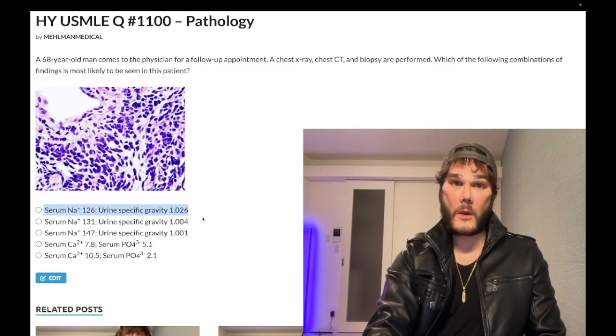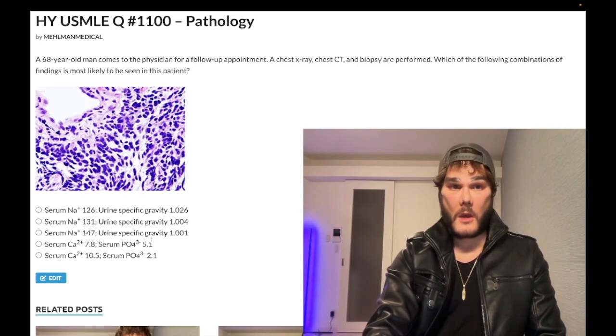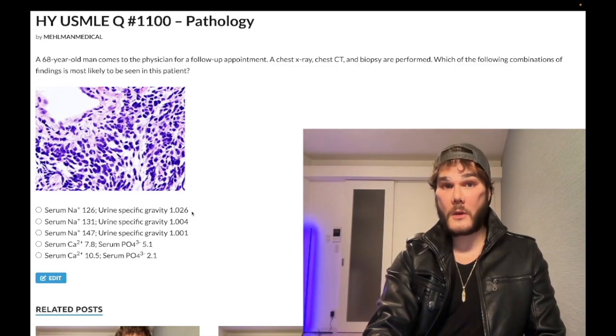Not hard, okay? You say, I don't know the normal ranges. Well, you don't really need to if you conceptually understand what's going on. You clearly got some low values here, you got some higher values here. And so 135 to 145 is normal for sodium. Urine specific gravity has a very odd scale of 1.000, which is the most dilute possible, all the way up to 1.030, which is concentrated.